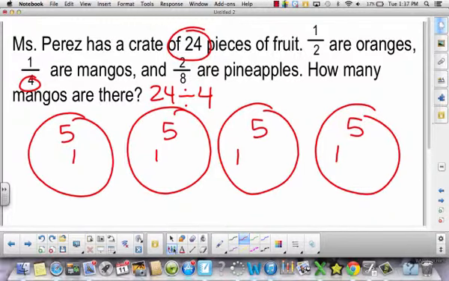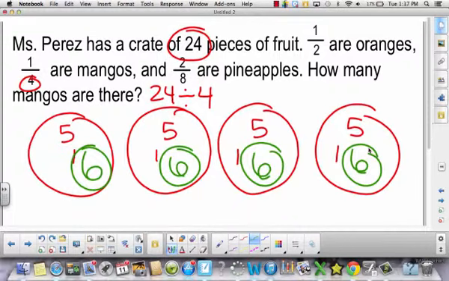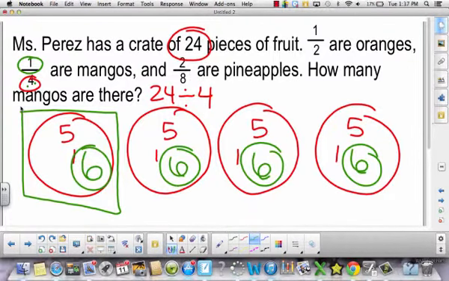That gives me a grand total of 6 pieces of fruit in each group. How many of those are mangoes? 1 out of the 4 groups are mangoes. So just 1 of these is mangoes, meaning I have 6 mangoes.